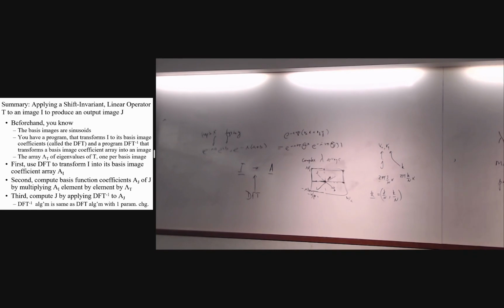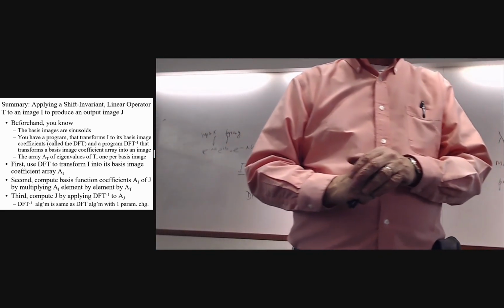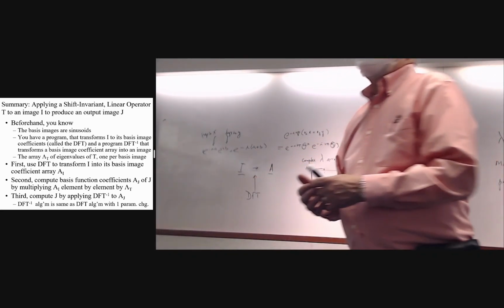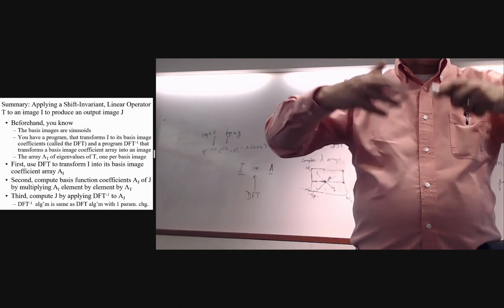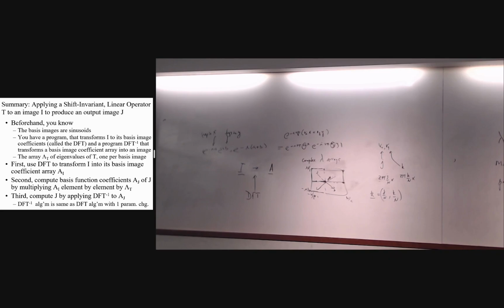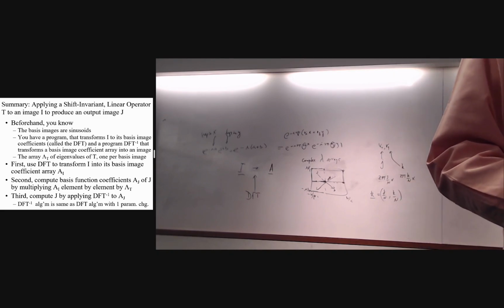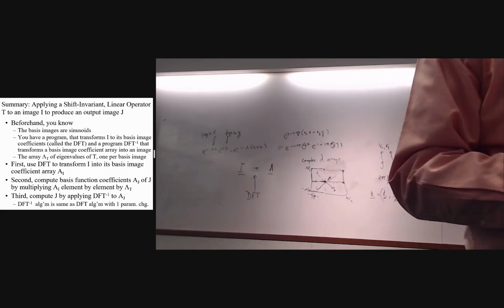Okay, so this is the last slide of today's lecture. We know that the basis images we want, if we're going to do shift invariant linear operators, are these sinusoidal images. There exists a program that you put an image into and it computes the corresponding coefficients. It's called the DFT program. And it turns out that that same program can produce the so-called inverse DFT that recomposes an image from its coefficients.